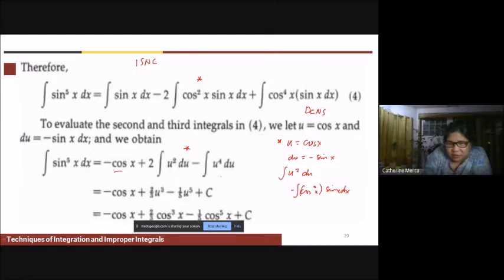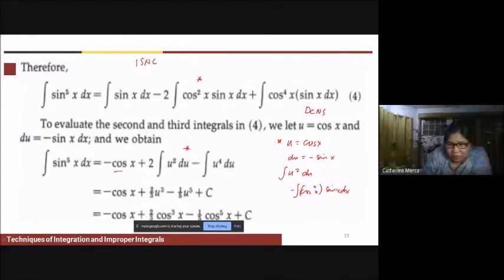Replacing this, the negative of negative gives a plus, and then the other plus becomes a minus.